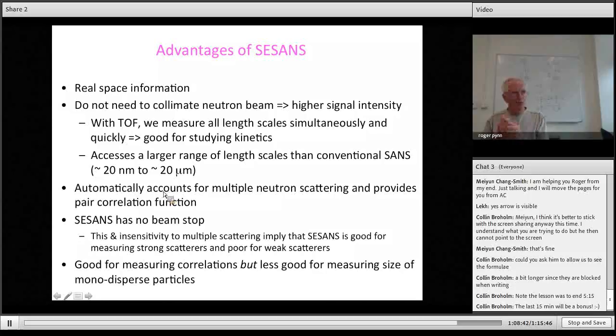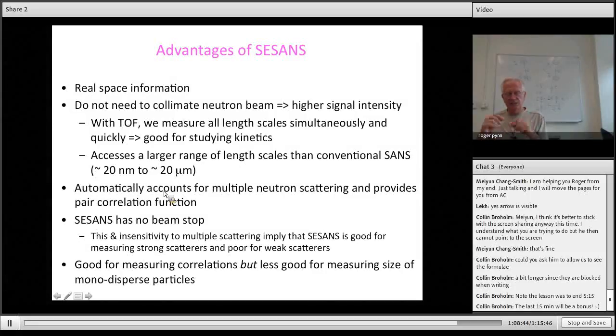This exponential factor that I showed you, this e to the G of z, automatically accounts for multiple scattering and still provides the pair correlation function that you're looking for. And because it automatically accounts for multiple scattering, you can put a lot more sample in the beam, not really a bucket, and you're not limited to having scattering probabilities of less than, let's say, 5 or 10%.